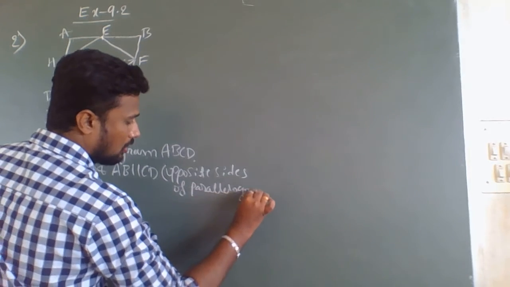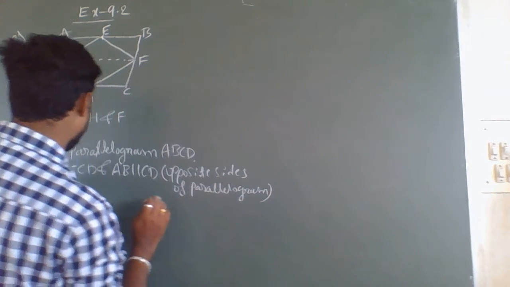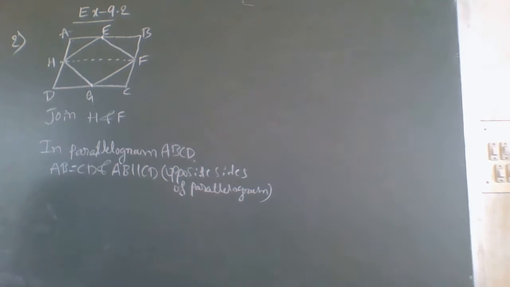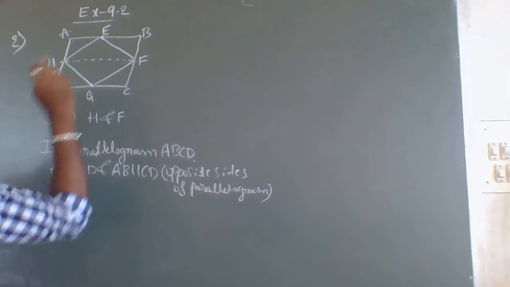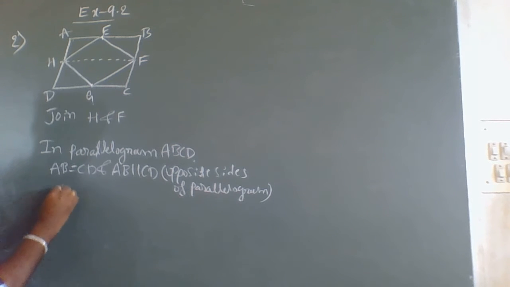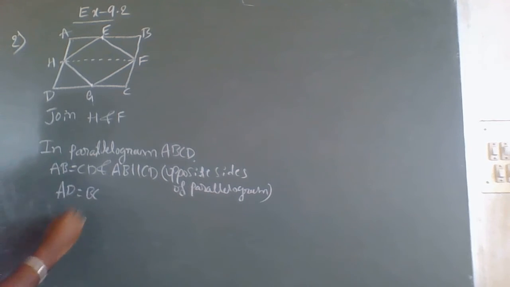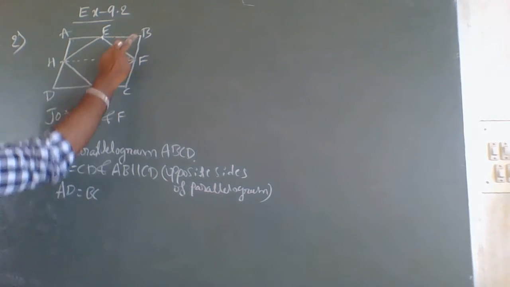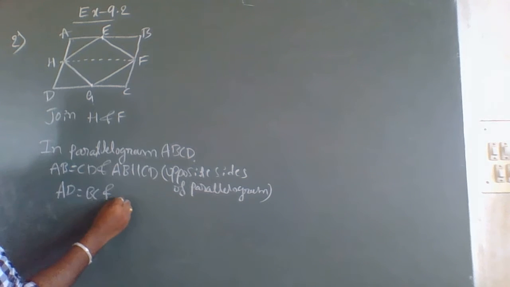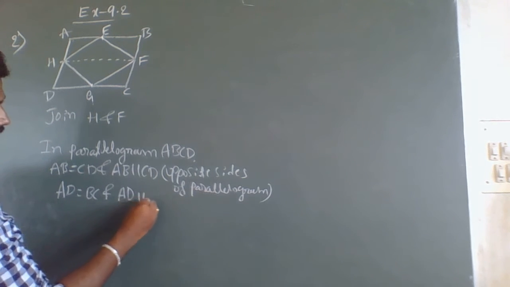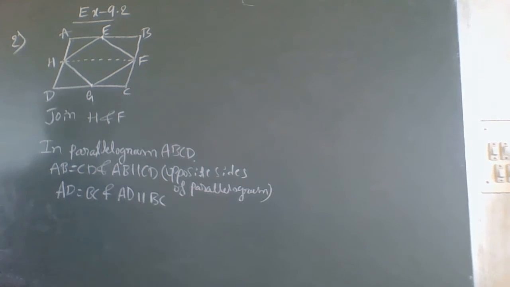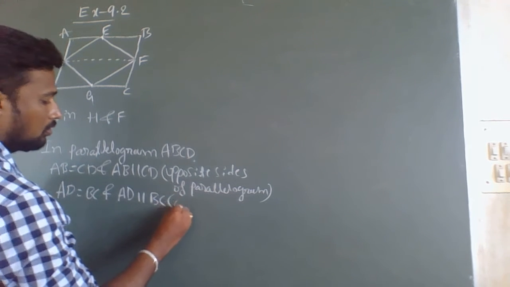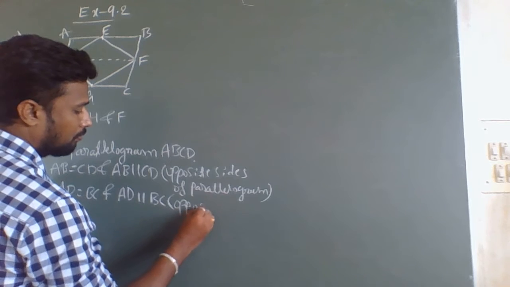And we know that opposite sides of a parallelogram are equal to each other and parallel to each other. In the same way, now we will consider AD and BC. AD equals BC, and AD is parallel to BC. Why? These are also opposite sides of a parallelogram.